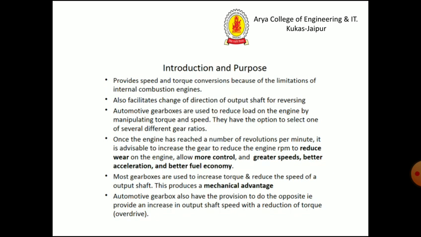Most gearboxes are used to increase torque and reduce the speed of the output shaft. This provides a mechanical advantage, and automotive gearboxes also have the provision to do the opposite, providing an increase in output shaft speed with a reduction of torque, like overdrive.